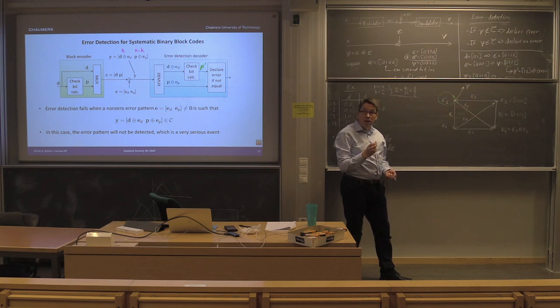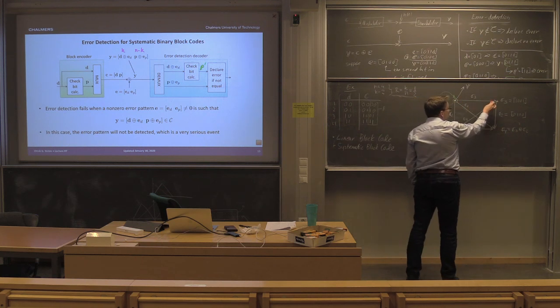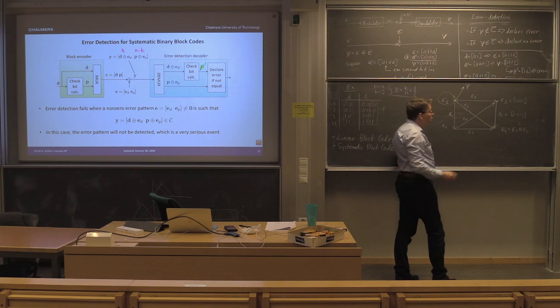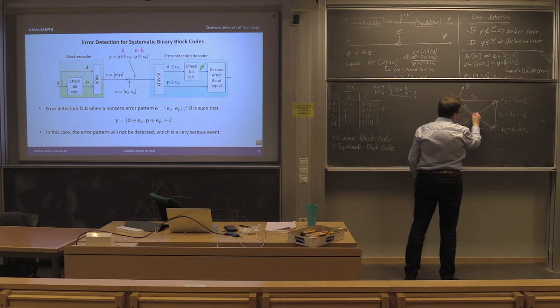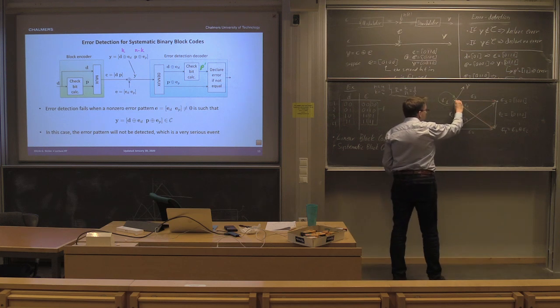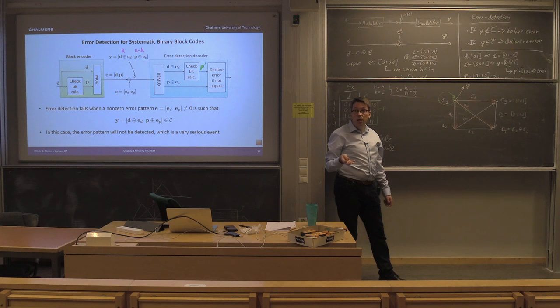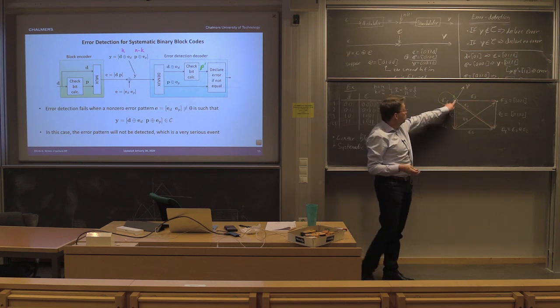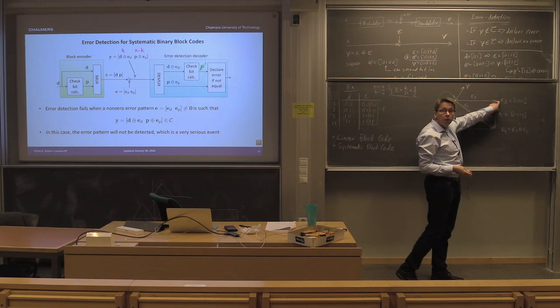Then the bad events can occur. And the bad events are that I go from this code word to another code word. For instance, here, here, or here. These are the three undetectable error patterns when we transmit C1, because I go from one code word to another code word.